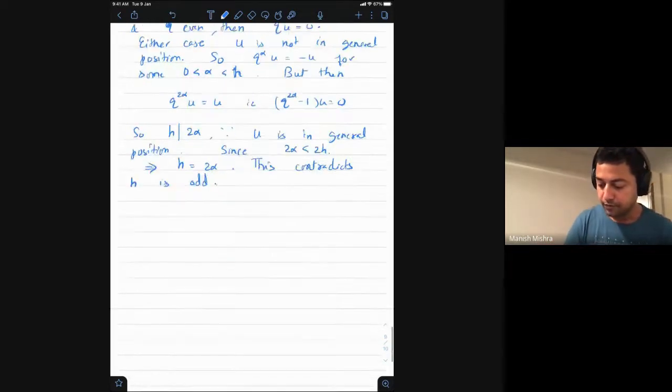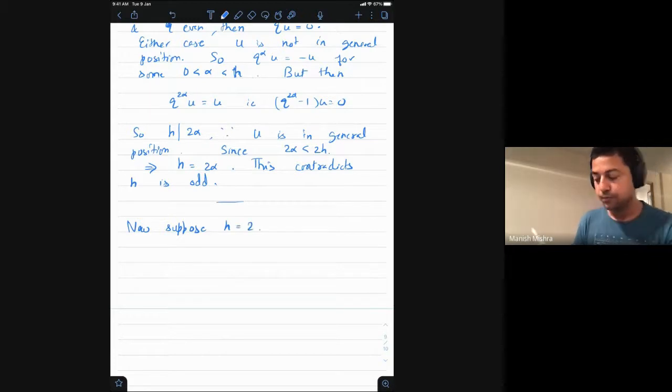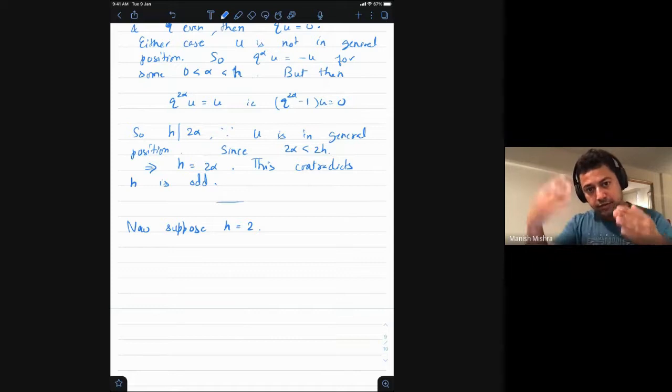So now we move on to the other parts of the proposition. Now suppose h is equal to 2. Our group is absolutely almost simple.